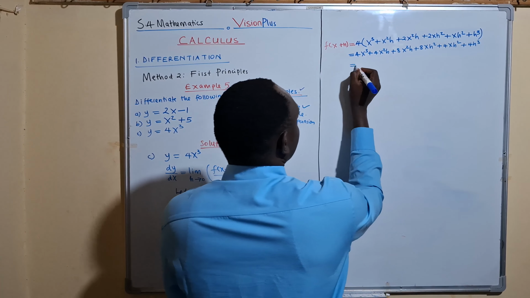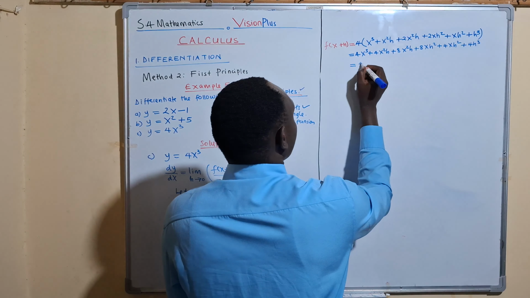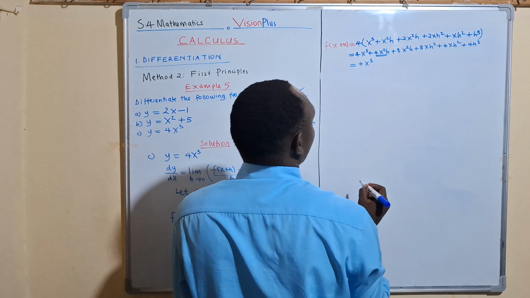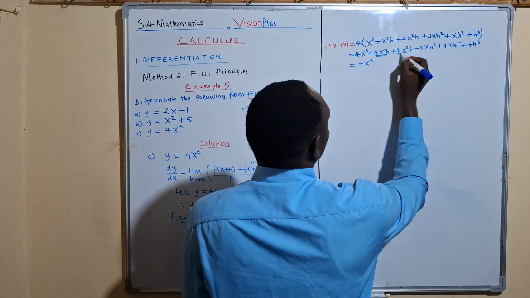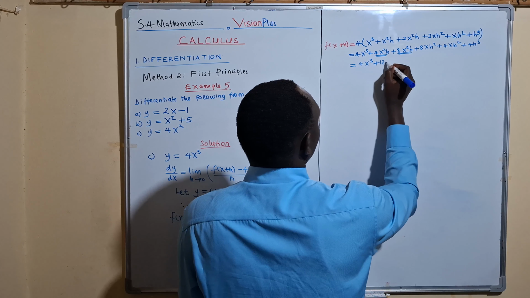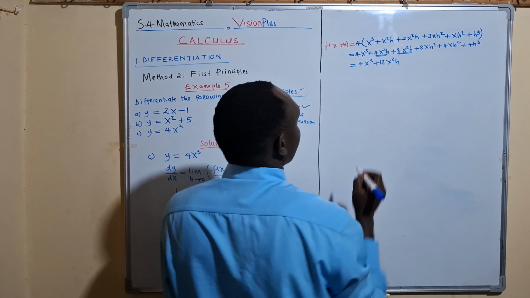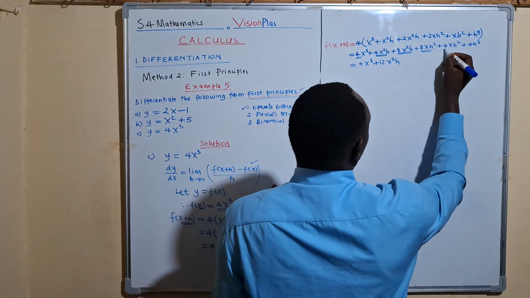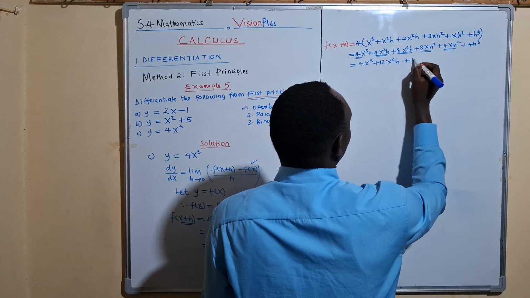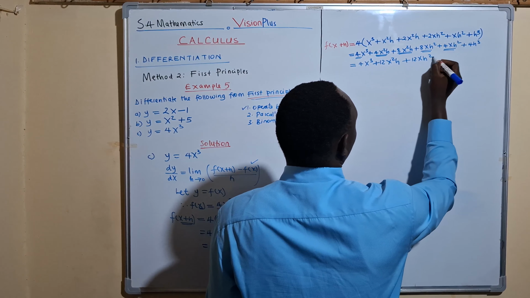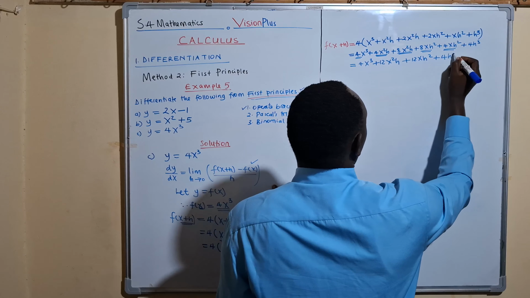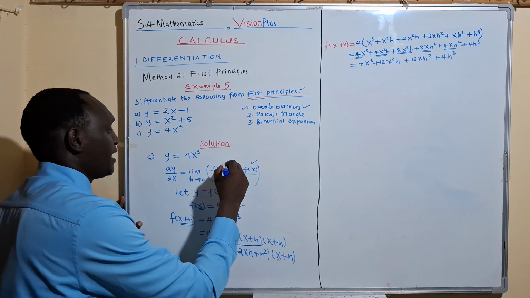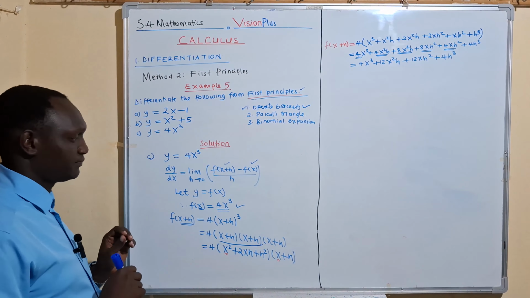Let us now collect the like terms. We have 4x cubed. Here we have 4x squared h plus 8x squared h, so we have plus 12x squared h. Then 8x h squared plus 4x h squared gives plus 12x h squared, and then plus 4h cubed. So that is the function f of x plus h.